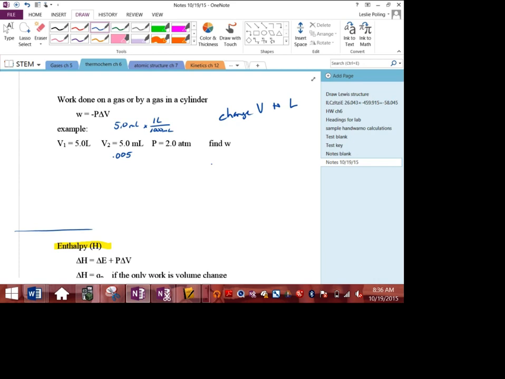Okay? So our delta V is V2 minus V1. So 0.005 liters minus 5 liters. Now we don't worry about significant digits until when?